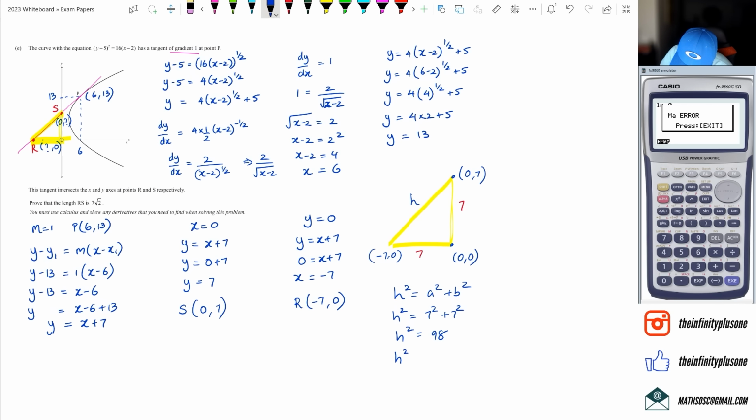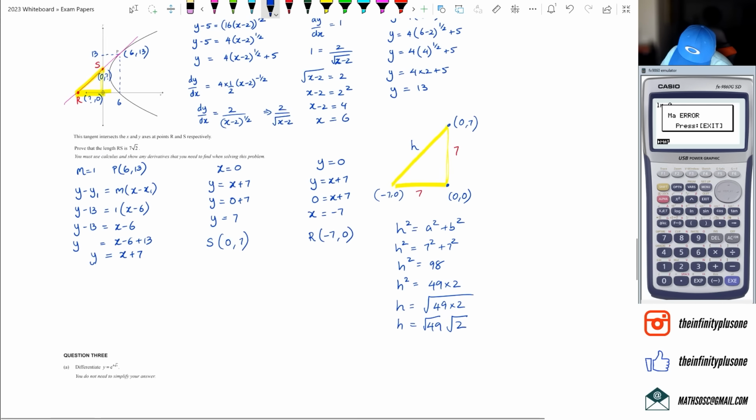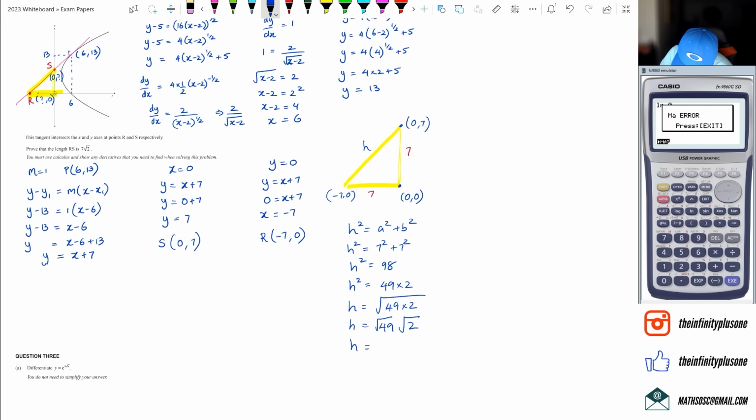Then I can say that h squared is equal to 49 times 2. H is equal to the square root of 49 times 2. H is equal to the square root of 49 times the square root of 2, which means h is equal to 7 root 2.